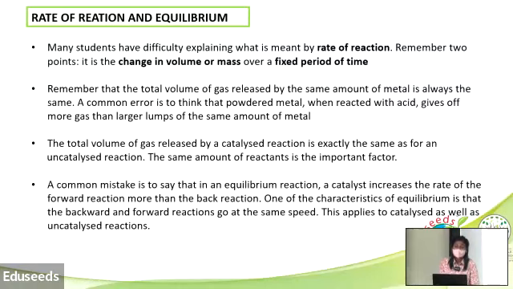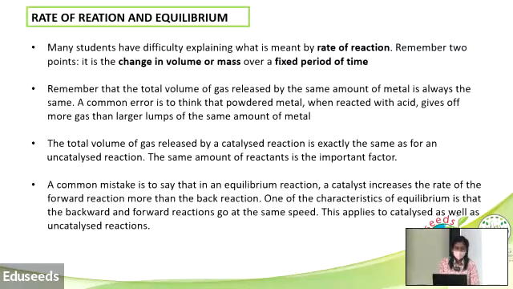The amount of metal is what controls the amount of gas released. Volume of gas will be the same if the mass present is the same. It's just that the rate of reaction, how fast the gas is produced, is what matters.